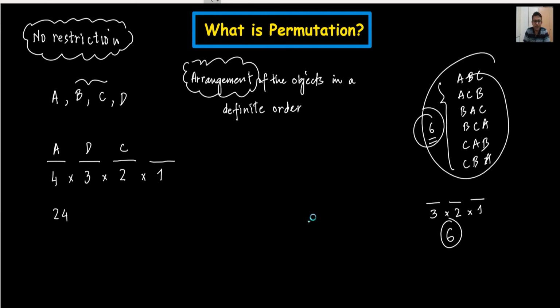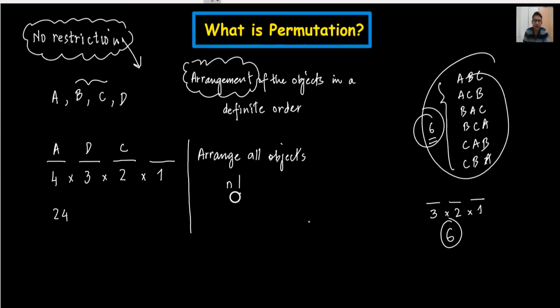The second method is what? When we want to arrange all objects, because there is no restriction, there is only one formula. We can write n factorial.